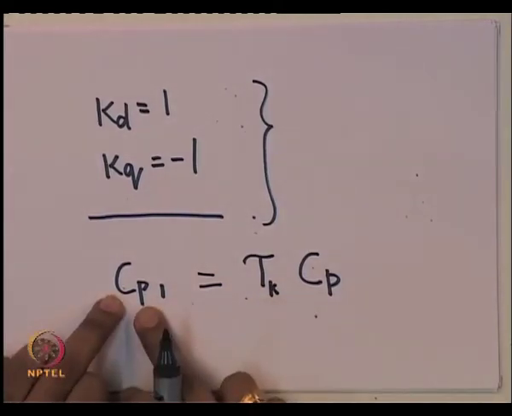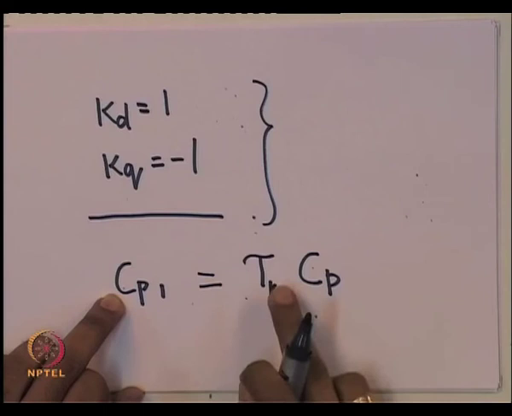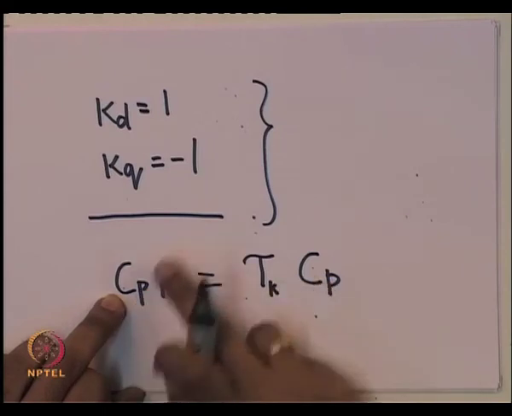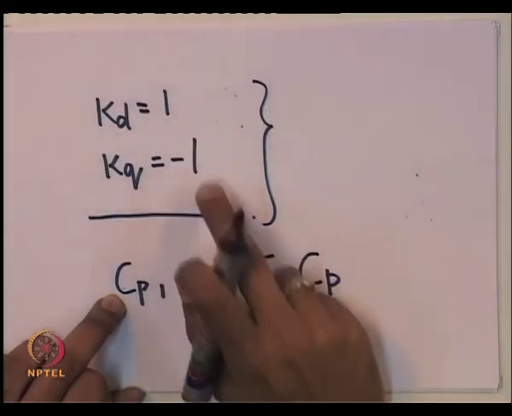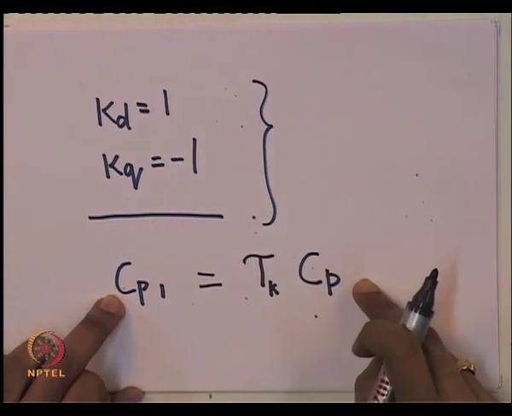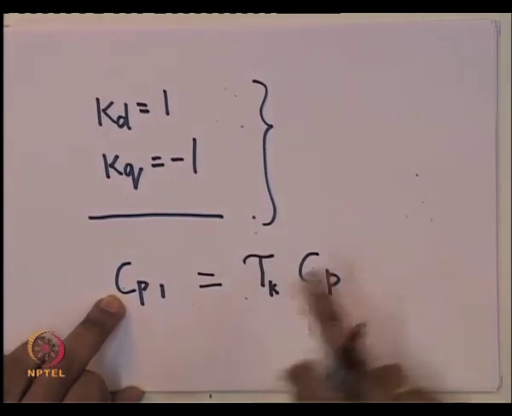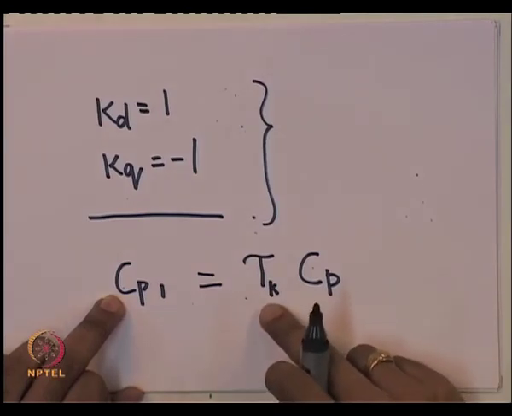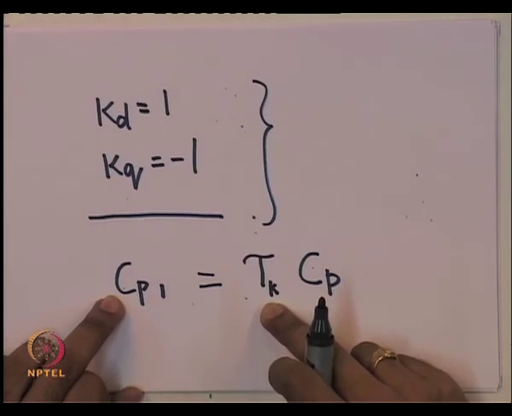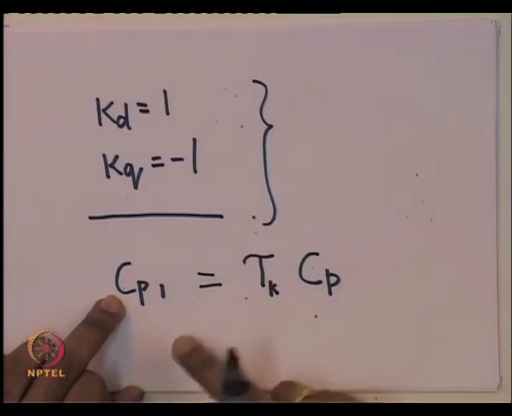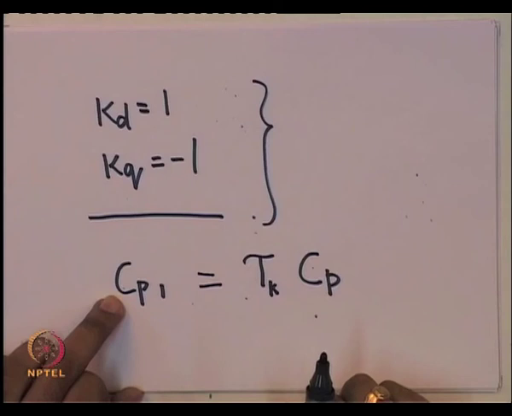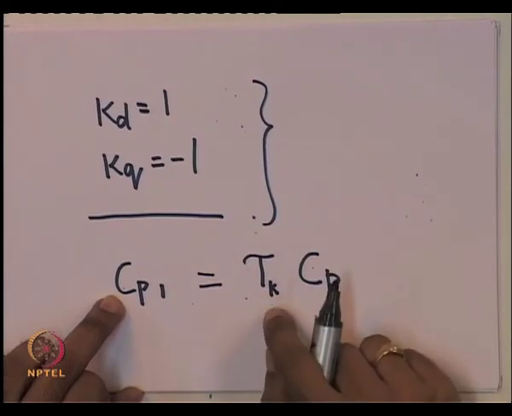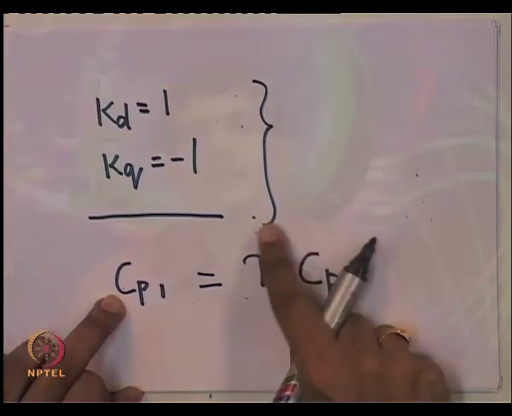The variables they have defined are different from my variables, because they have chosen Kd and Kq to be 1 and -1, and we are going to choose root 2 by 3. So, whenever I use their equations and get answers in their variables, I would need to use this transformation matrix Tk to transfer from their variables to my variables. I leave this as an exercise for you to find out what this Tk is. It is a very simple constant matrix.